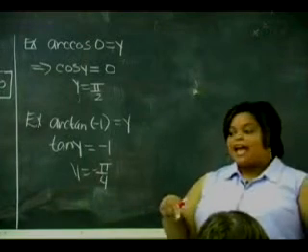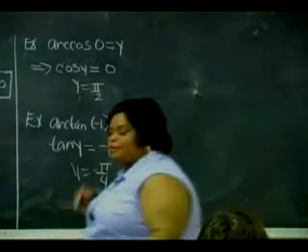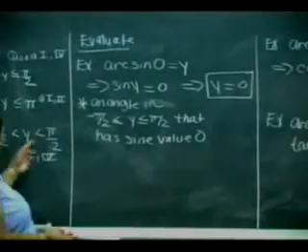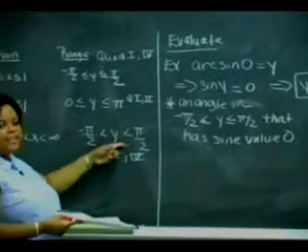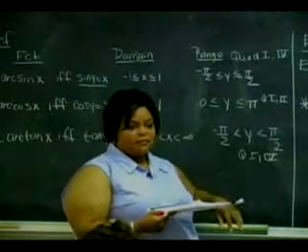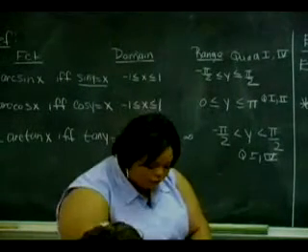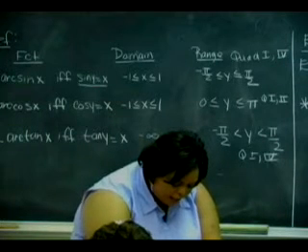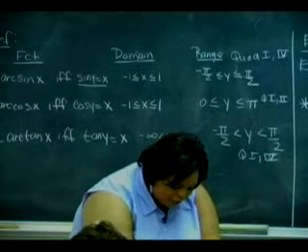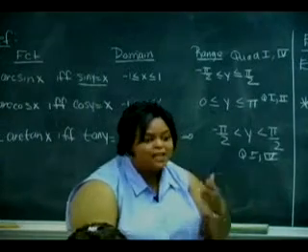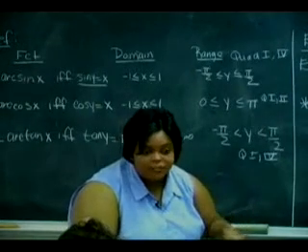But we can't say 7 pi over 4. We have to get an angle in this range. So we need to get the negative representation of that angle. If we go from 0 down to 7 pi over 4, they represent the same angle, but it's what? Negative pi over 4.